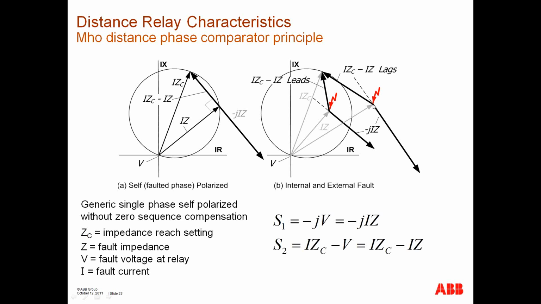And at this point right here, which is outside the circle, you can see that this quantity here, ZC minus IZ, is lagging this quantity. So therefore, by leading or lagging, you will have determined the operation. I certainly hope that addresses the question.